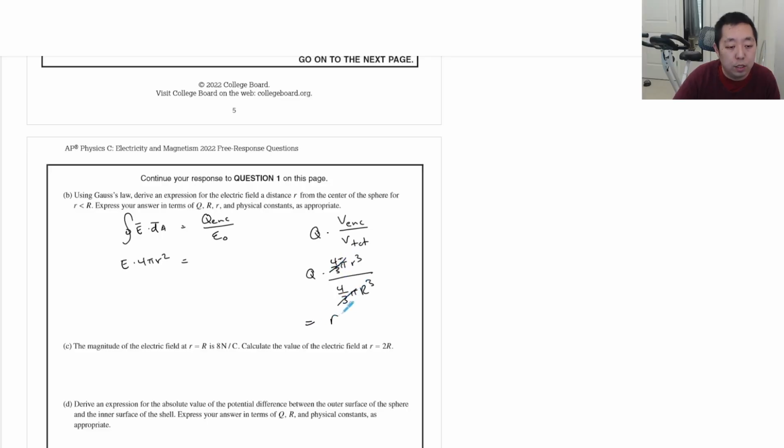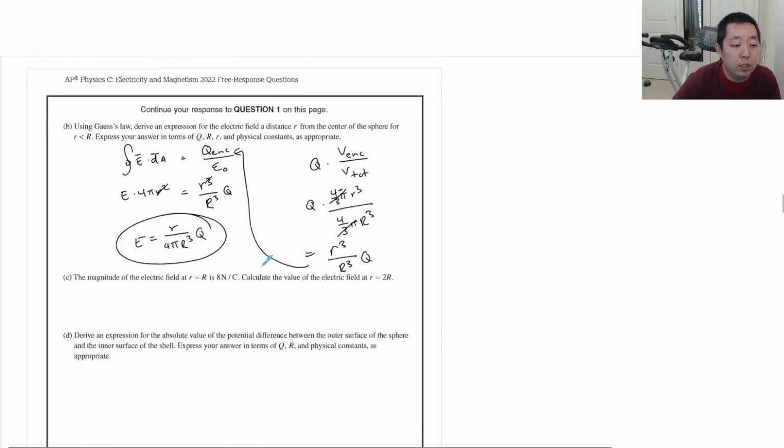That's going to be r cubed over big R cubed times Q. Then we plug that in for the charge enclosed. So that is r cubed over big R cubed Q, and then you can divide by 4 pi and divide by r squared. R squared cancels with those, so you get the electric field is r over 4 pi epsilon naught big R cubed times Q.